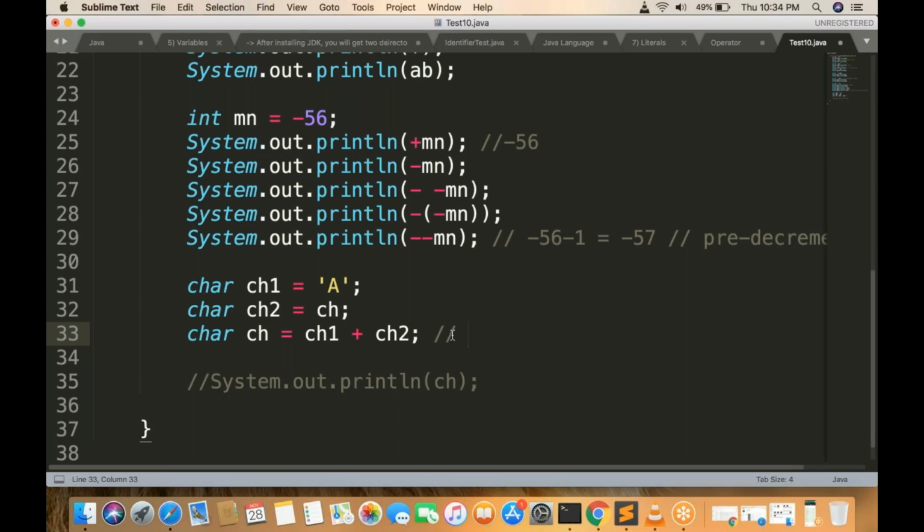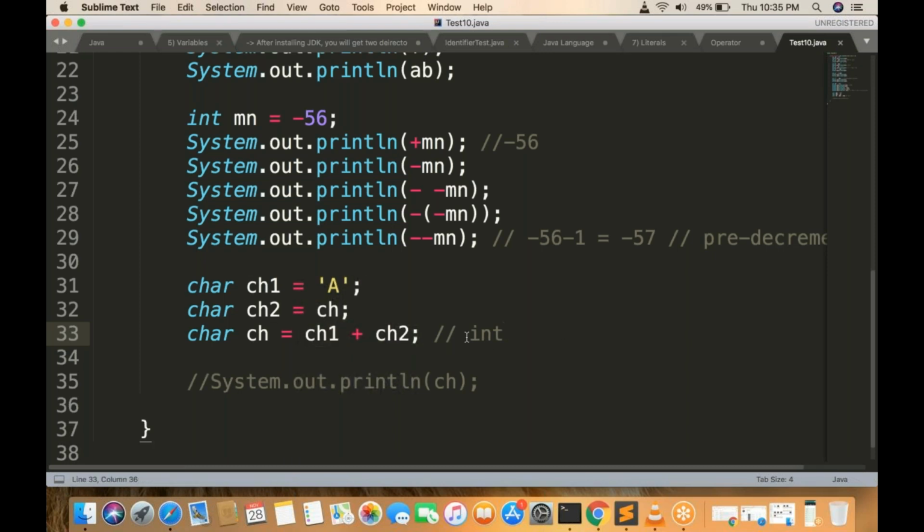So what is the type here? Okay, so ch1 plus ch2, the result type would be int type, because it's a lower type, char plus char.